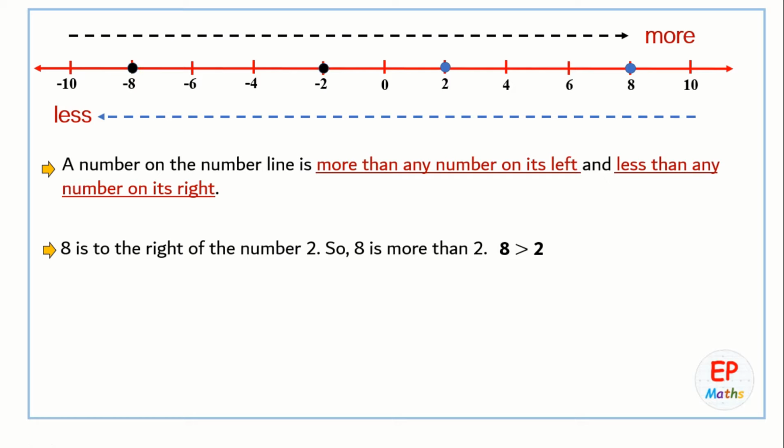Okay? Now, look at negative 2 and negative 8. You can see that negative 8 is on the left of negative 2. So, negative 8 is less than negative 2.